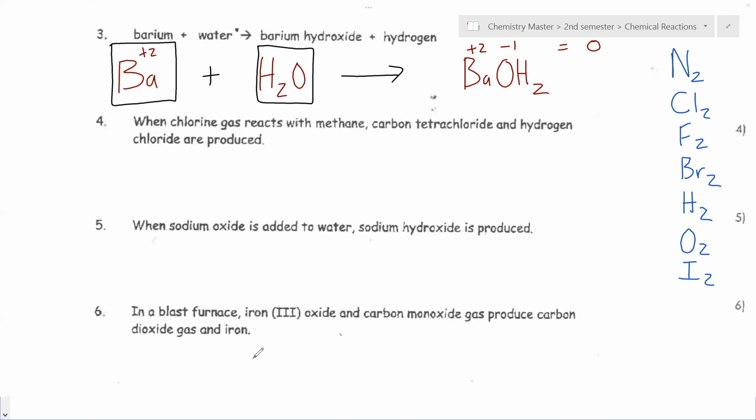But Brandon said we needed 2 hydroxides. So how do I make sure we know that this is 2 hydroxides and not 2 hydrogens? Parentheses. Excellent. Yes, we need parentheses. So there's my hydroxide, 2 hydroxides. That's the barium hydroxide.